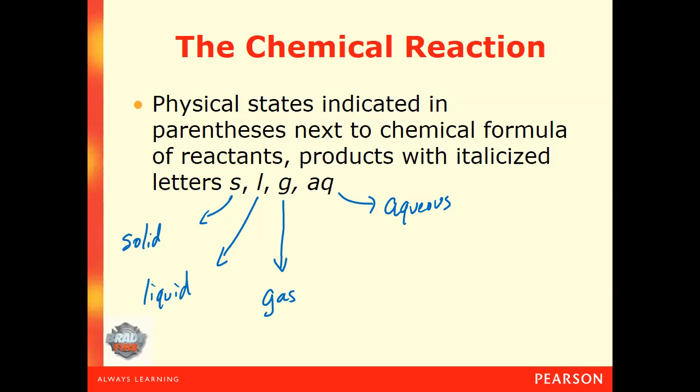So all that stuff that we just talked about in chapter 4 about polarity and solubility, ionic compounds, polar compounds, when those substances are dissolved in water, we refer to them as being aqueous or in aqueous solution.